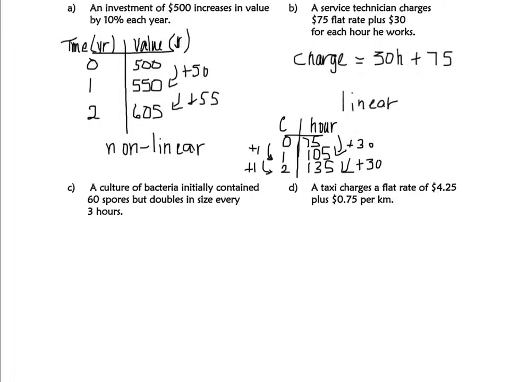Okay, the next example says a culture of bacteria initially contains 60 spores but doubles in size every 3 hours. So in this case, our dependent variable would be the number of spores, and our independent variable would be time. So we do a quick little table, time in hours and the number of spores.